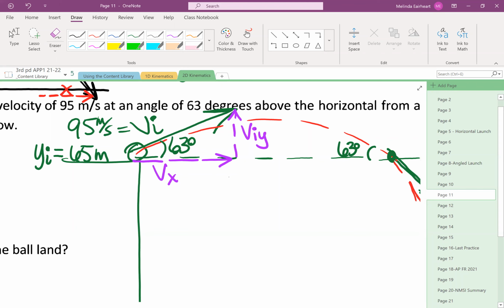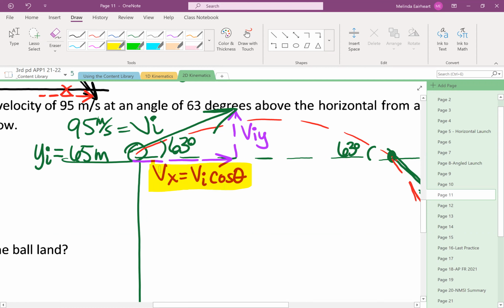Degrees. Last time we said we'll use cosine for the x component, and I said I started from scratch.